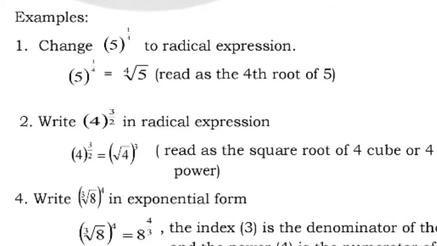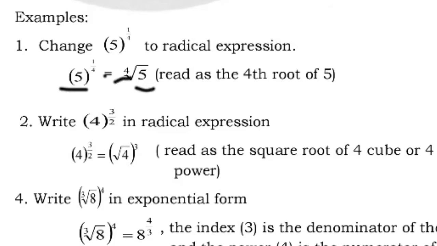Examples: change 5 raised to the power of 1/4 to radical expression. So 5 here will be the base, and in a radical expression, this is the radicand. Then the denominator will be the index. Denominator is 4, so in here you have the index 4.